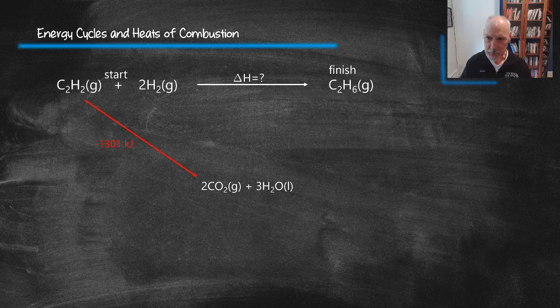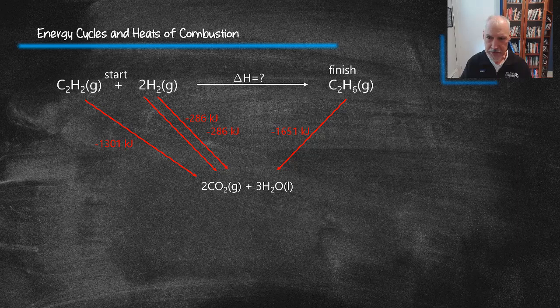So the enthalpy change to burn that starting material, C2H2, also called acetylene, is negative 1,301 kilojoules. To burn hydrogen is negative 286. But I have 2 of them there, so I'm going to have to do this twice. The enthalpy also to burn our final product there, C2H6 ethane, is negative 1,561 kilojoules.